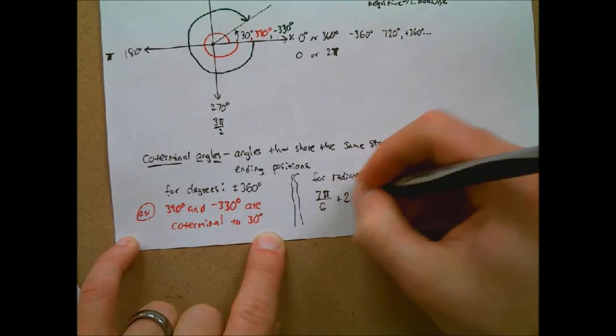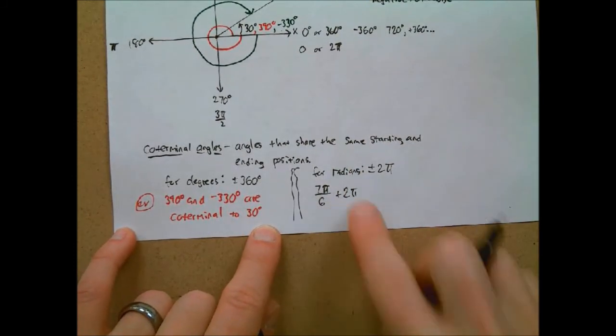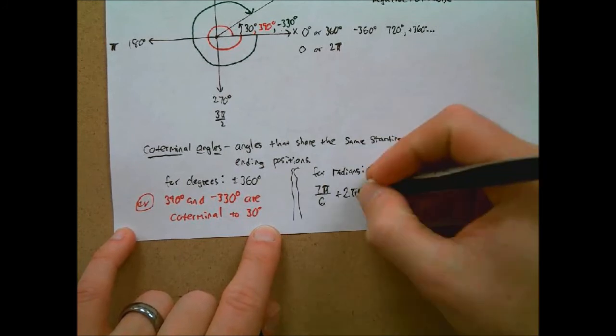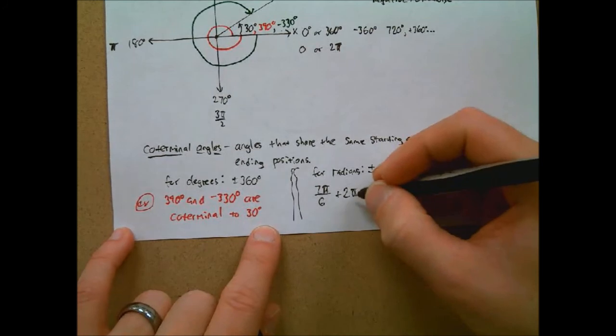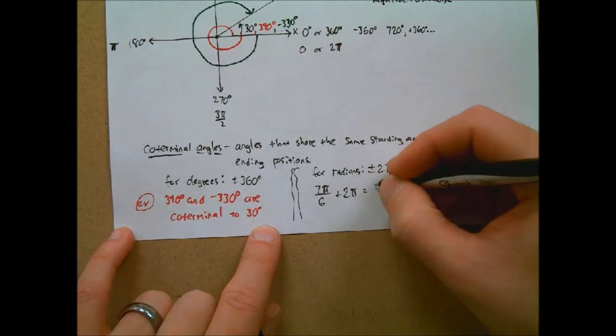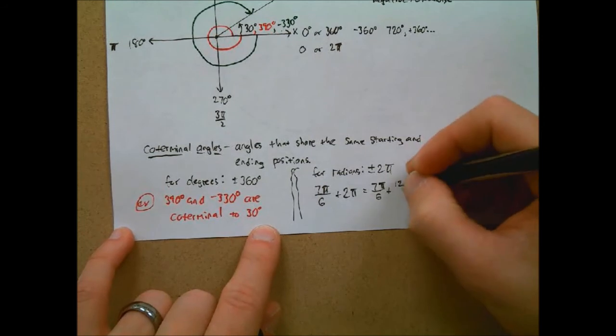But of course, if I want to add 2 pi to this, can I add them as they're currently written? What do we need? Common denominator, right? So our common denominator is going to be 6. So let's rewrite this. 7 pi over 6 plus 2 pi is how many sixths? 12 pi over 6, exactly right.